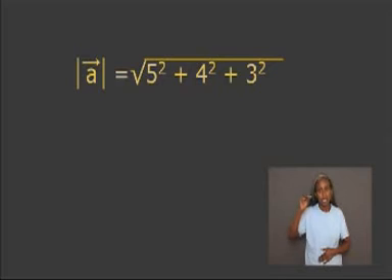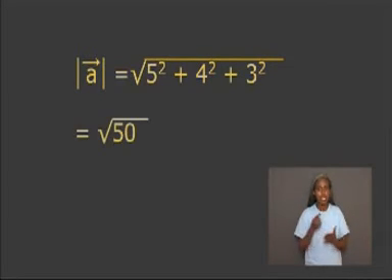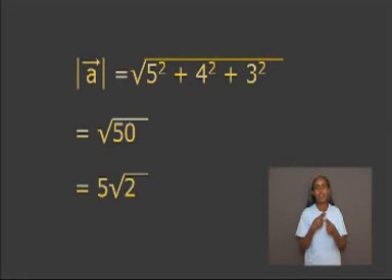In this case, the magnitude is equal to the root of 25 plus 16 plus 9. That means it is equal to the square root of 50, or 5 times the square root of 2.